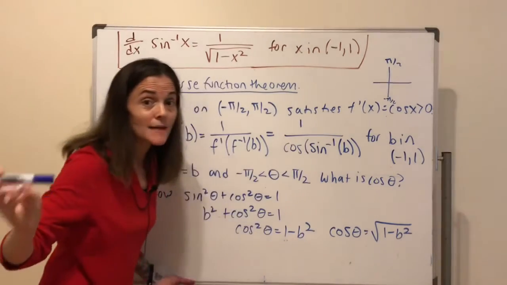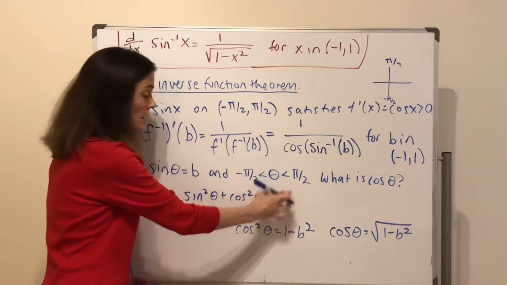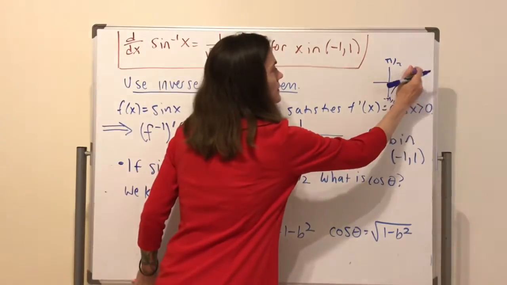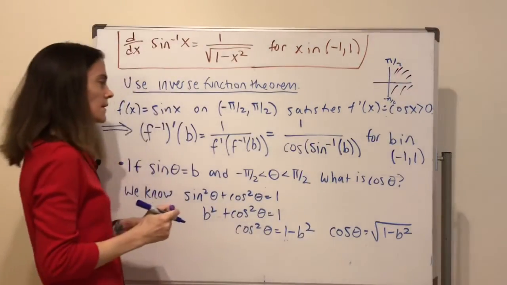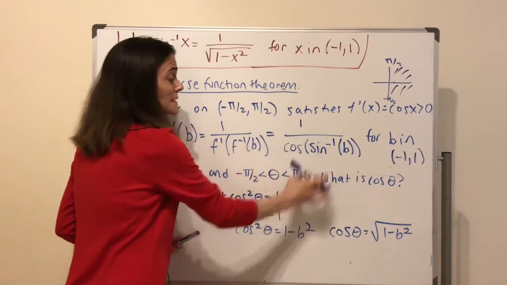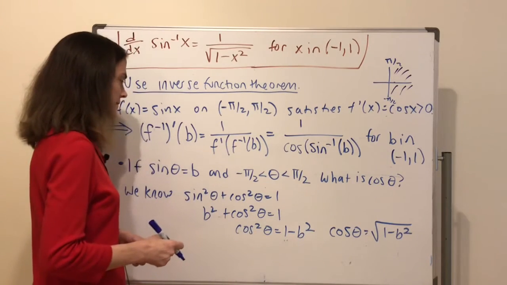And it's the positive square root because theta is between minus pi over 2 and pi over 2, and cosine is positive. So this quantity in my denominator is square root 1 minus b squared.